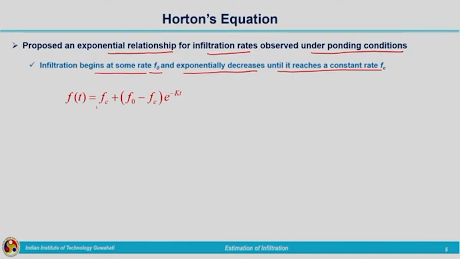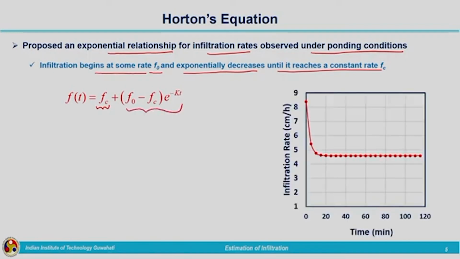So, this particular term f of c is a constant term, the steady state infiltration value, that is, as time elapses or time becomes large, it will attain a constant rate of infiltration, and the second part has the exponential relationship.